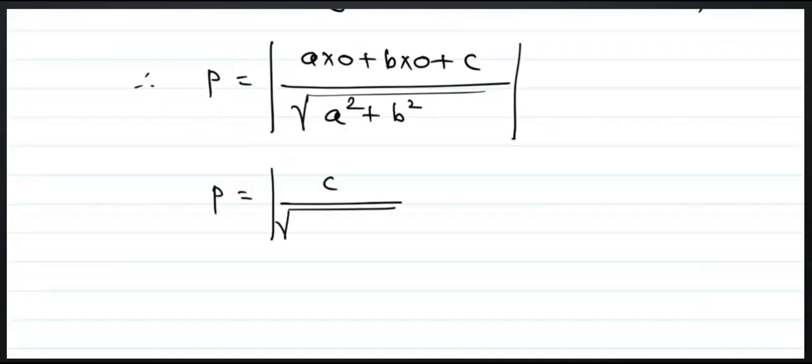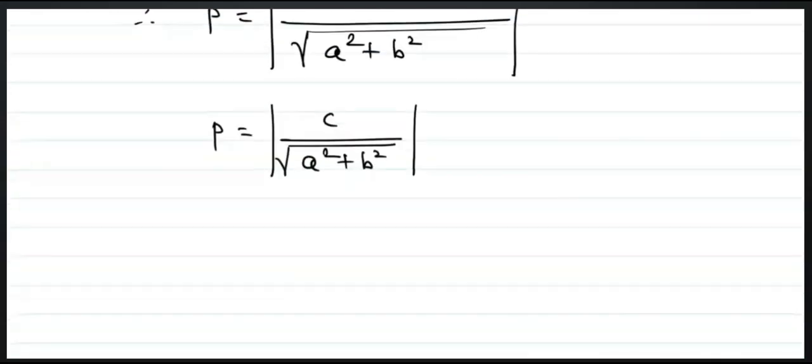And that's why p is equal to mod of c upon under root of a square plus b square.